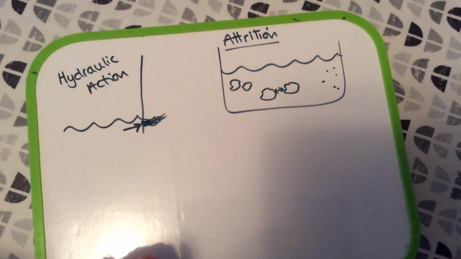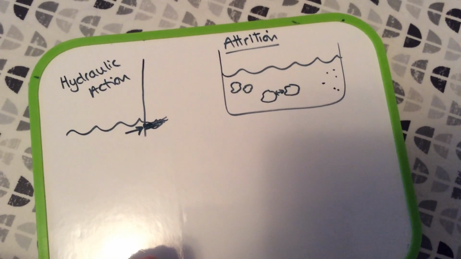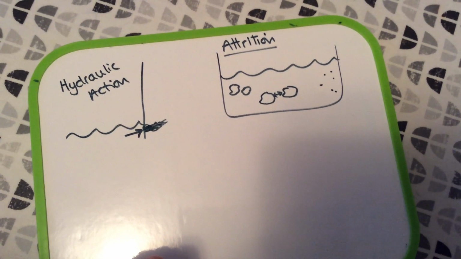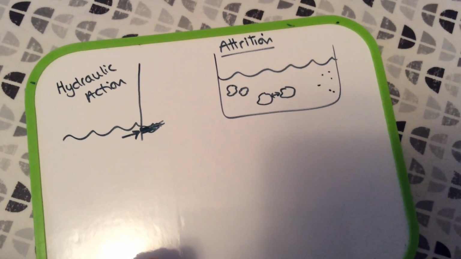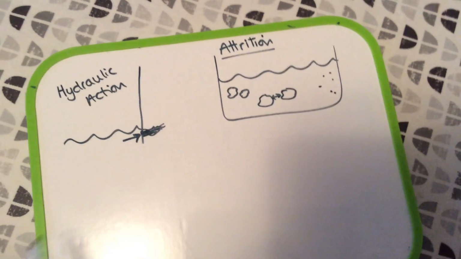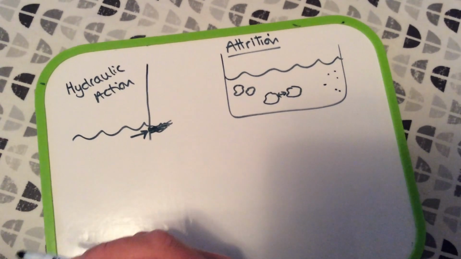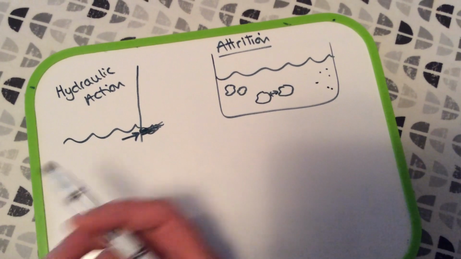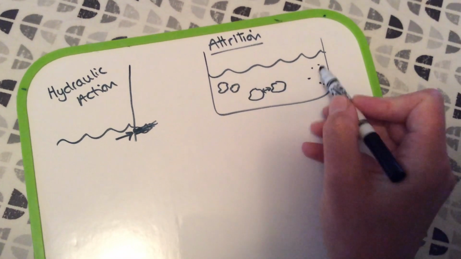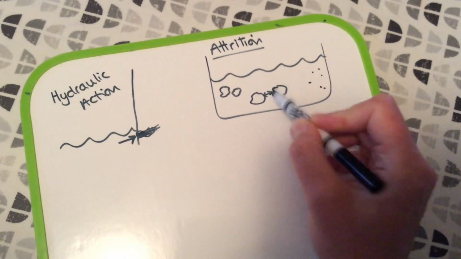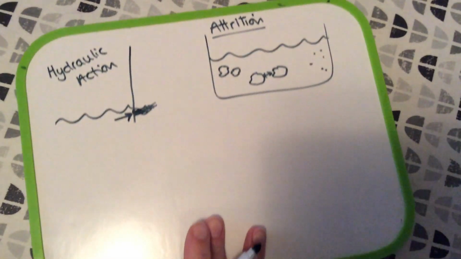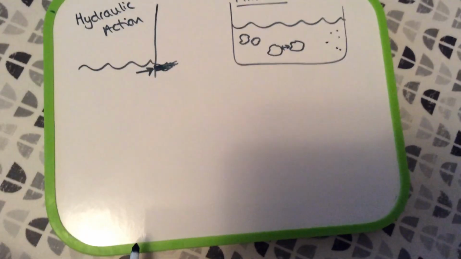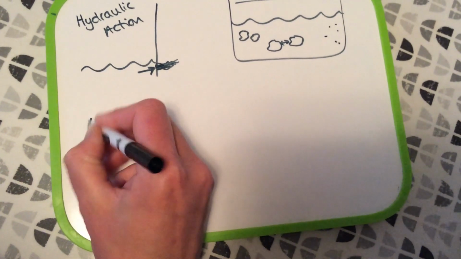They wear each other down. They cause each other to break down into smaller and smaller pieces. Okay, that's called attrition. This is why pebbles in the sea and on the beach are so smooth, because they've been bashed into each other over and over again. They've been smoothed by the effect of the smaller particles rubbing on them. They become really nice, smooth, round pebbles. The smoothest ones have been in the sea the longest.